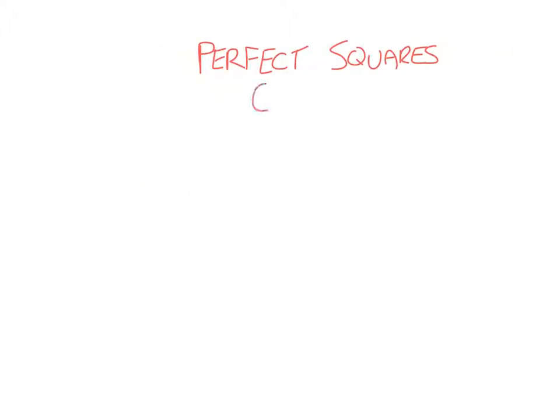So if I use FOIL on the expression x plus a all squared, I'd get x squared plus 2ax plus a squared. So the quick way to do this, what we've done is we've squared the first, we've squared the second, but there's a middle term, and it's 2 times the product of the two things in the brackets.